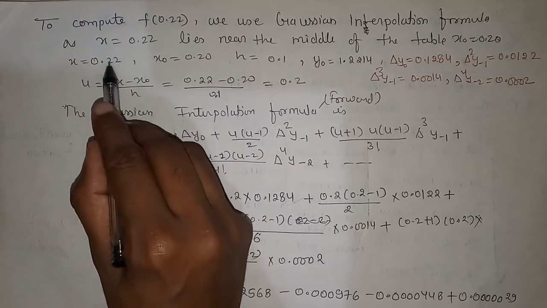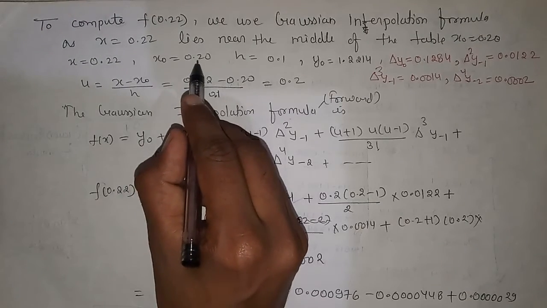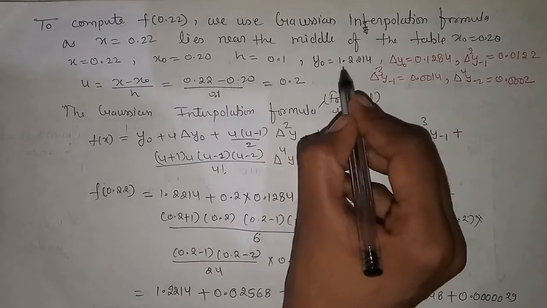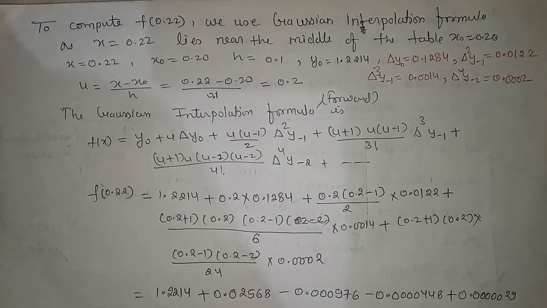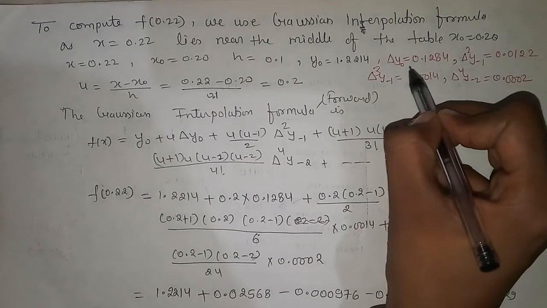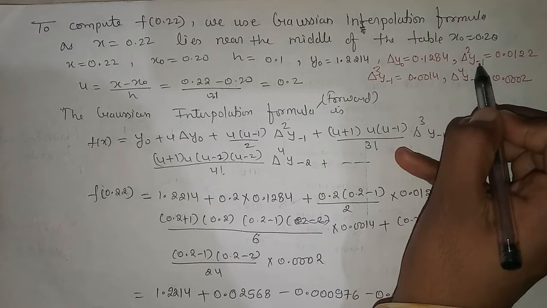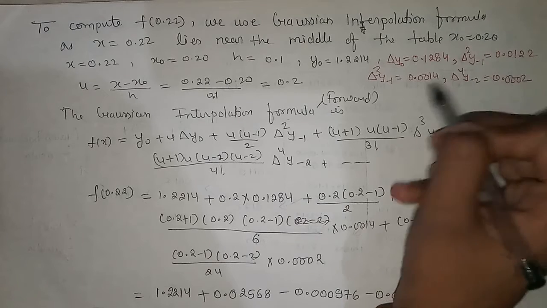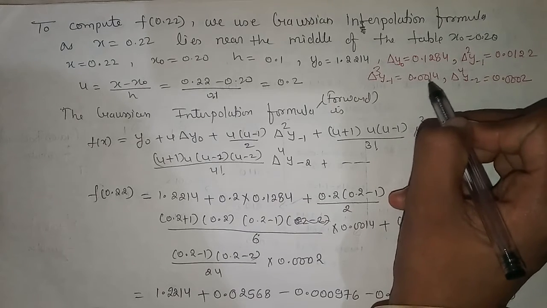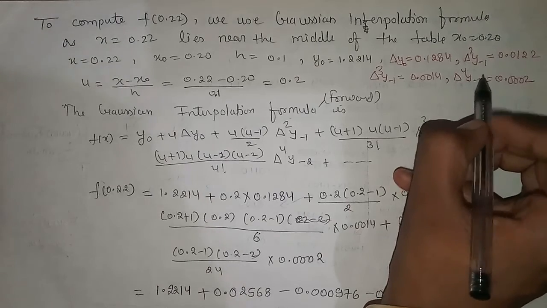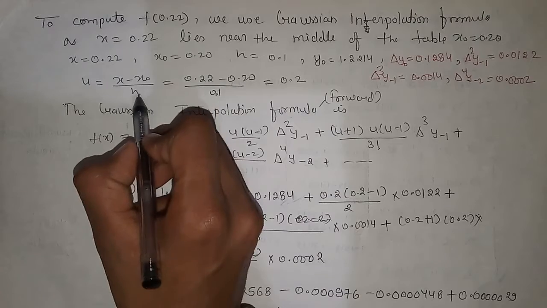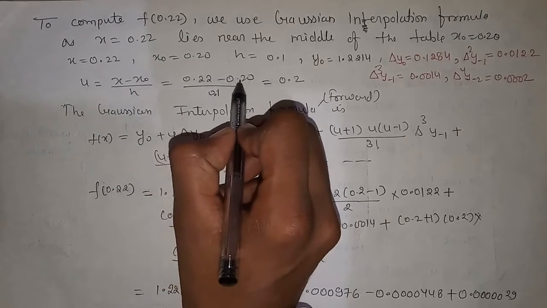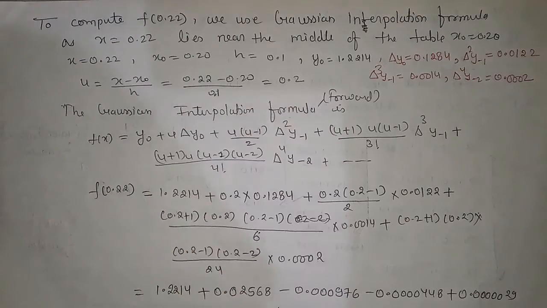First of all, x is 0.22, x0 is 0.20, h is 0.1, y0 is 1.2214, and the values which I have marked by red arrows are delta y0 first, then delta square y minus 1 as 0.10122, delta cube y minus 1 as 0.0014, and delta raised to 4 y minus 2 as 0.0002. u is given by x minus x0 divided by h, so 0.22 minus 0.20 upon 0.1 is 0.2.